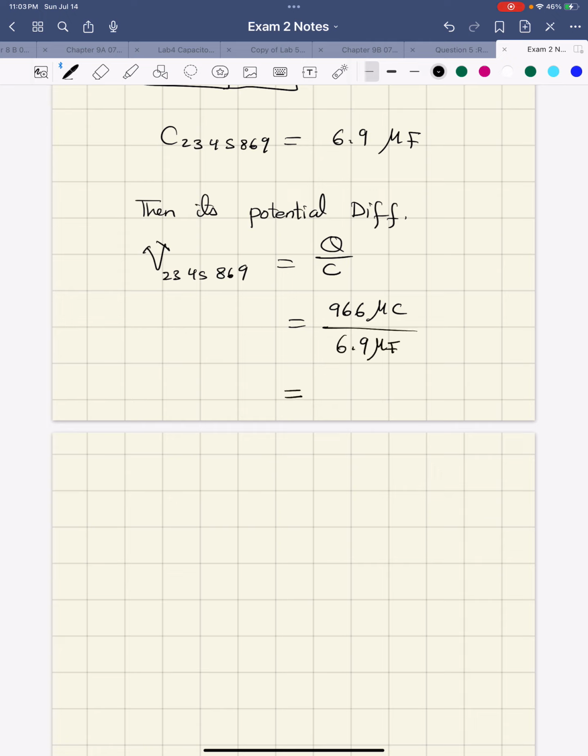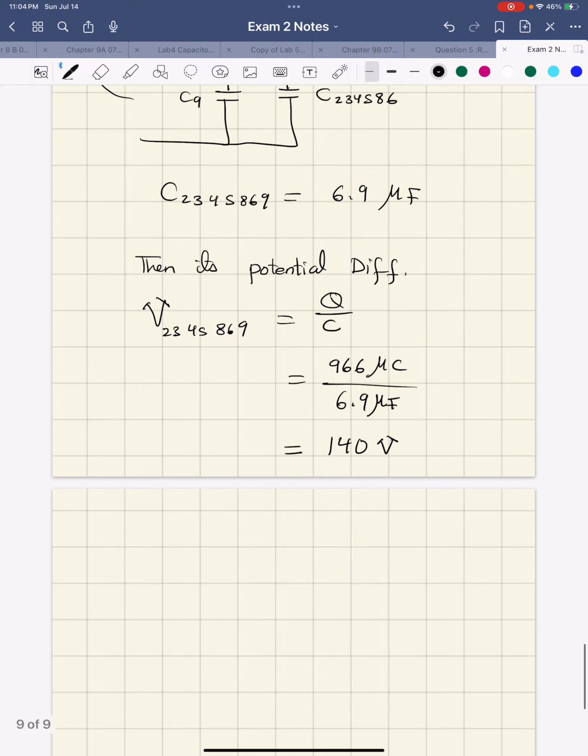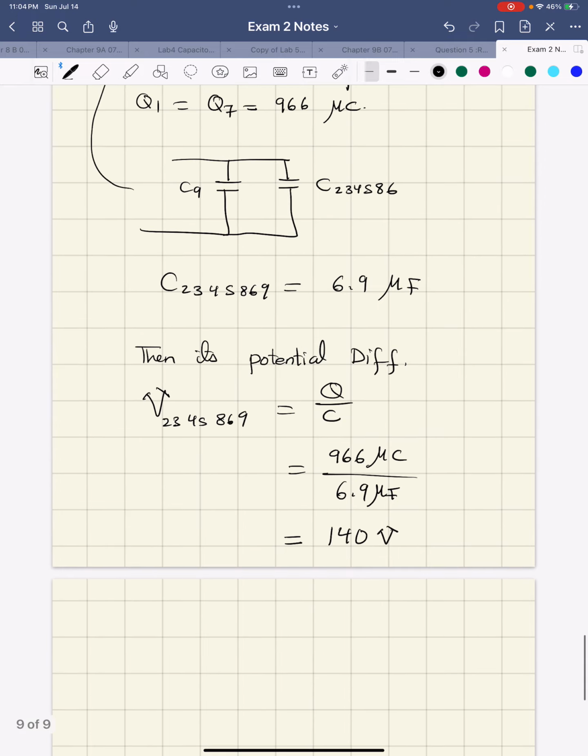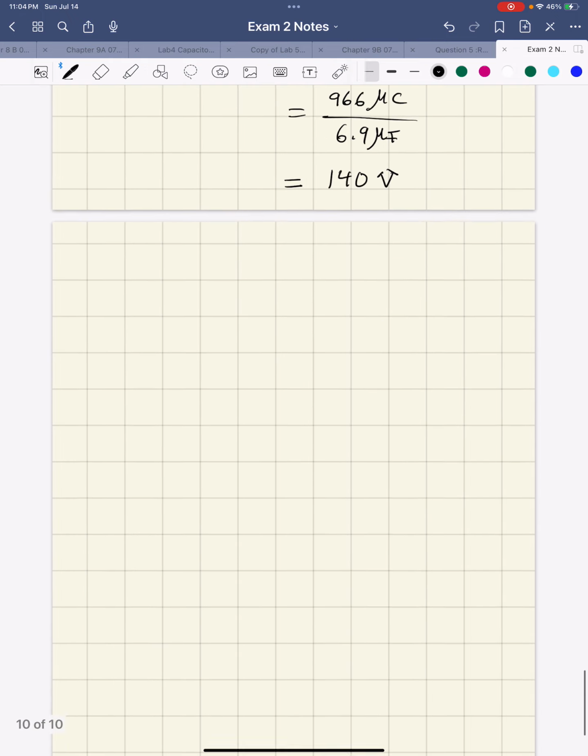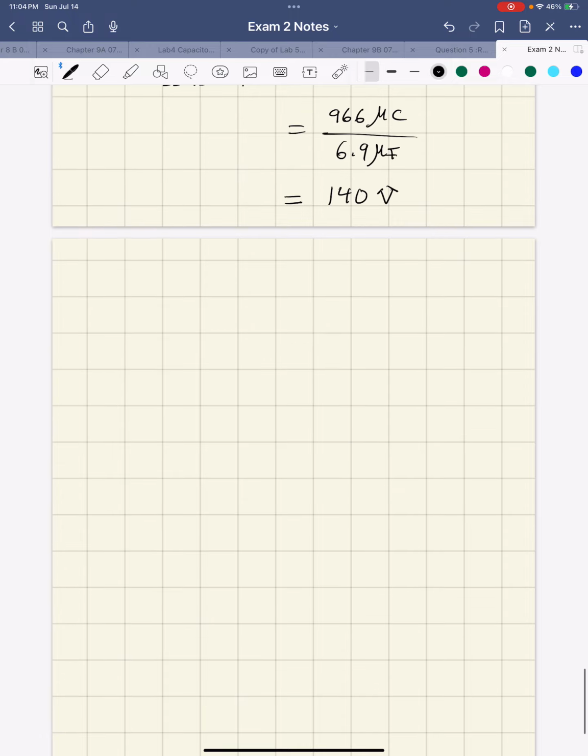And from that, I can get this number to be 140 volts. But if you look at this one here, you're gonna say, okay, this voltage for this one equals this one. Therefore, I can say that V9 is 140 volts as well.